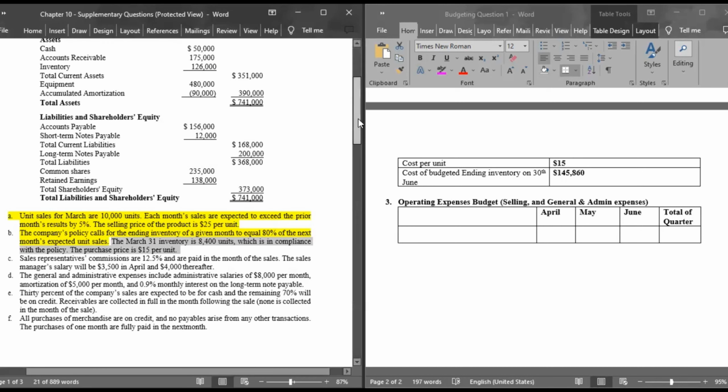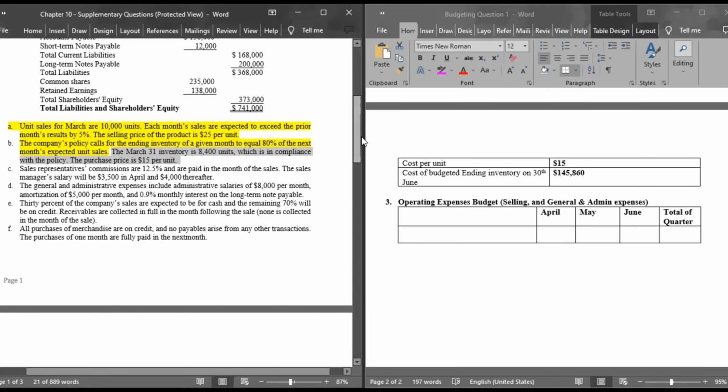So in the question, there is a next point. We have just used the information in point number A and point number B in our first two budgets. Then in point number C, he is saying sales representatives commission is 12.5% and is paid in the month of sale.